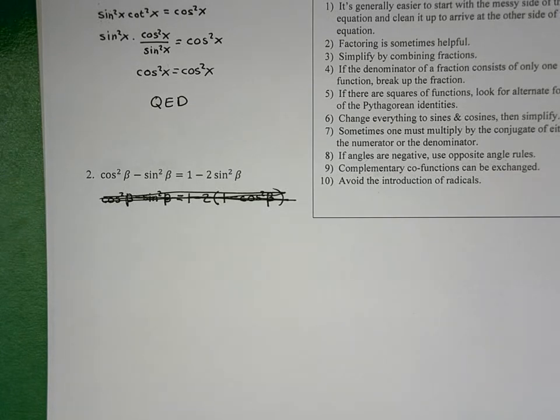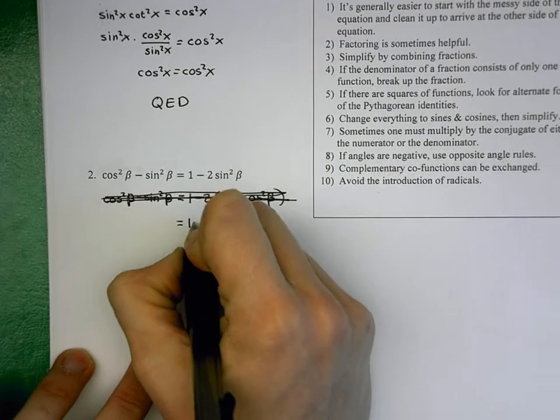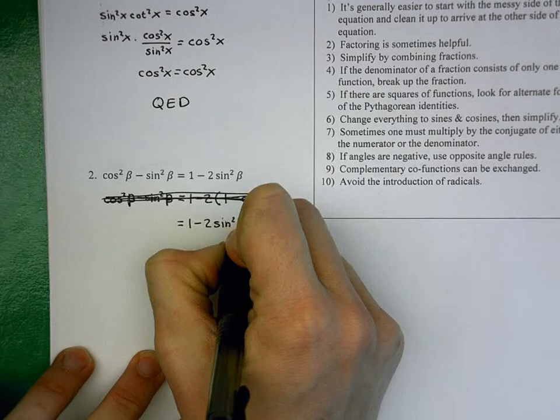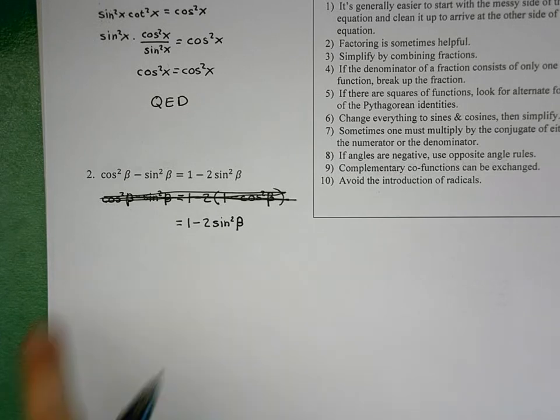And so maybe you're sitting there going, oh, I don't know. Maybe I don't want to manipulate the right. Maybe I actually want to leave my right alone. Leave that as 1 minus 2 sine squared beta. And maybe I want to try manipulating my left instead. So we look at that cosine squared minus sine squared and we go, well, compared to my right, there's no cosine squared on my right. What if I got rid of that cosine squared that currently is sitting on my left here?